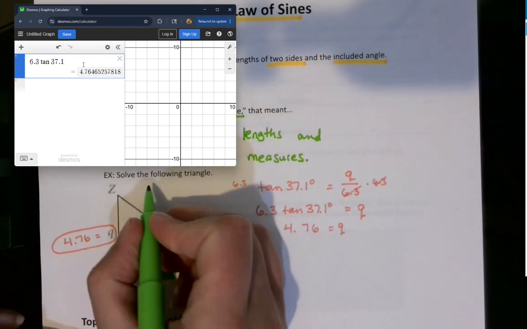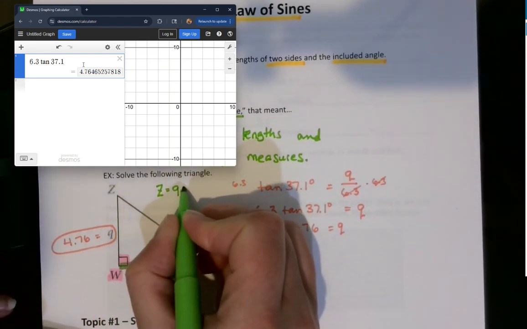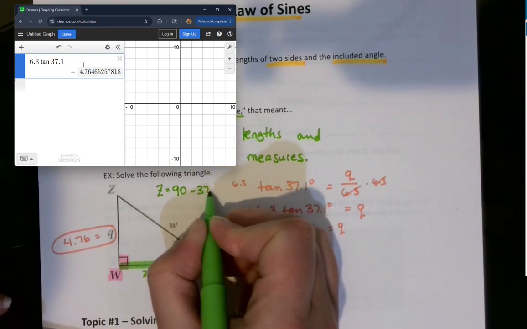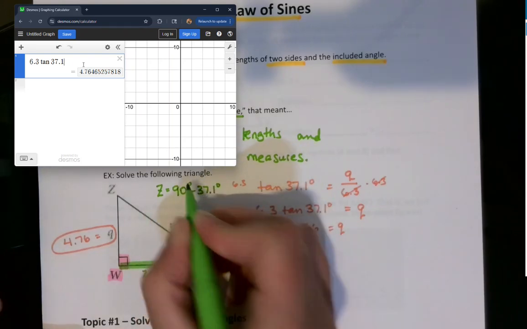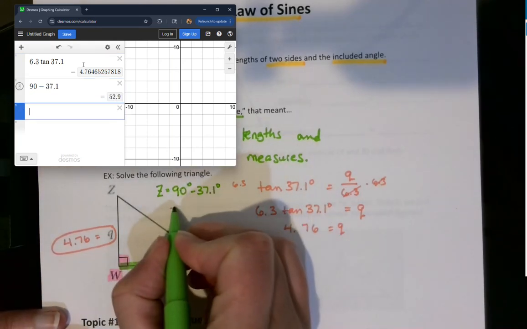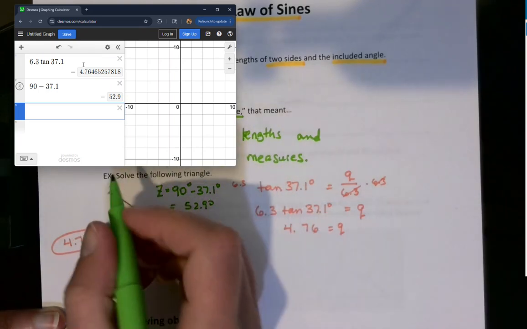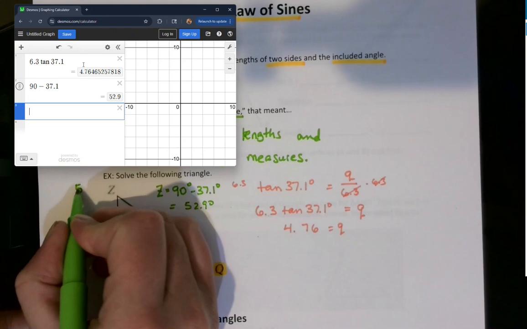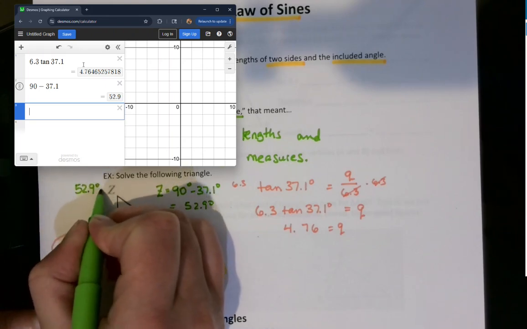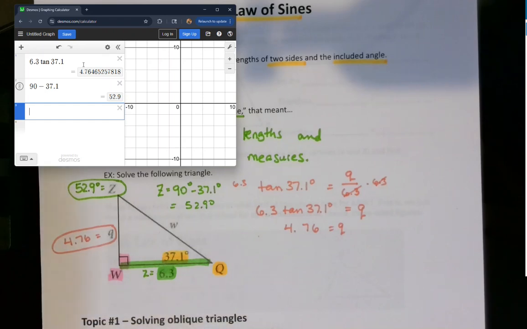I'm going to do this right over here. Angle Z is going to be equal to 90 minus 37.1 degrees. And with that subtraction, 90 minus 37.1 gives us an angle measurement of 52.9 degrees. So Z measures 52.9 degrees.